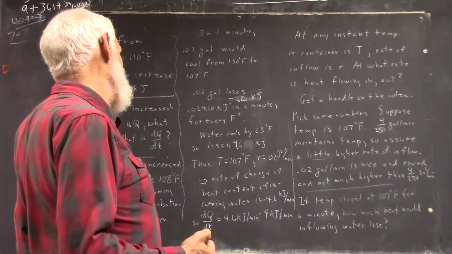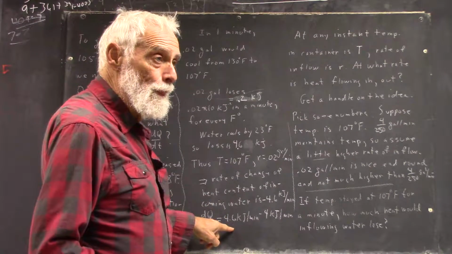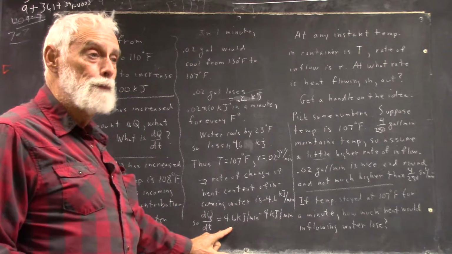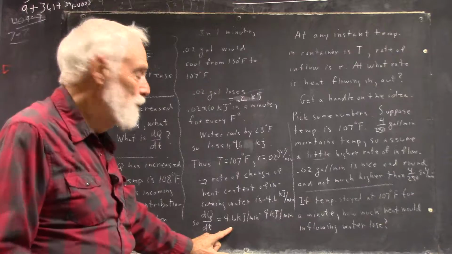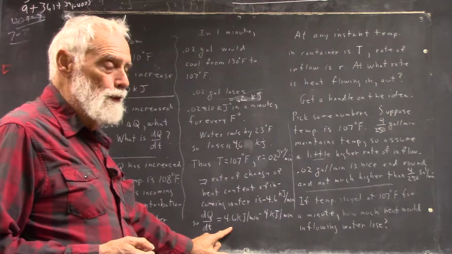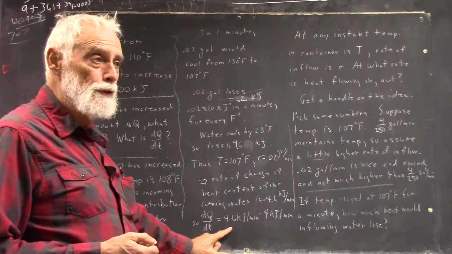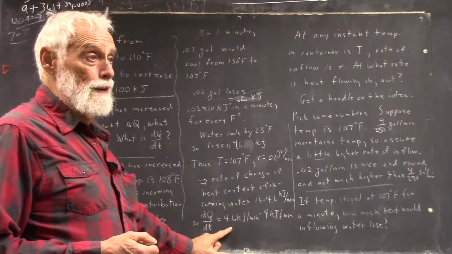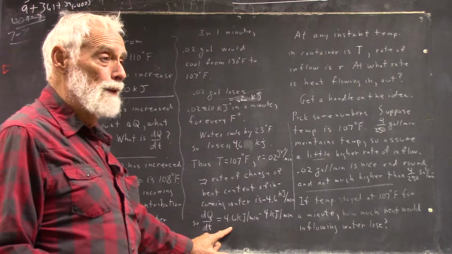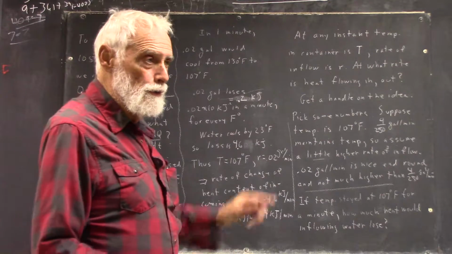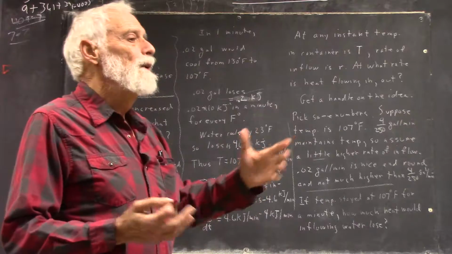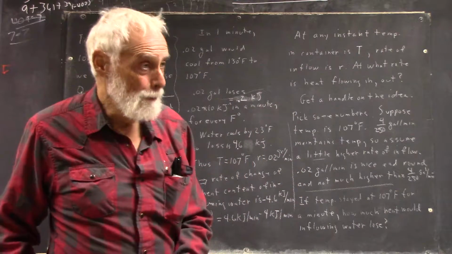So this incidentally tells you, I did write it down, I didn't talk about it when we were drilling it out of you, but clearly from this result, if you just think about what this means, 0.6 kilojoules per minute net change, taking 16 minutes to increase by a degree, in order to accomplish our goal of going from 105 to 110 in 10 minutes, it's going to have to be somewhat more than 0.02 gallons per minute.